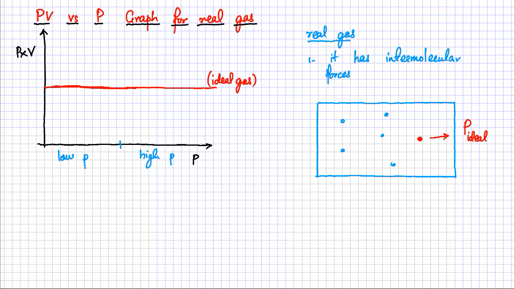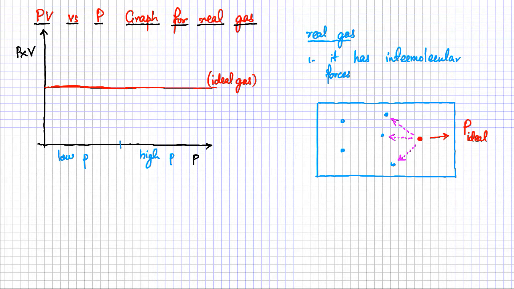Now what happens in reality? In reality, your gas is not ideal. What that means is when this particle is going to hit the wall of the container, these other particles would be attracting it. So this particle would be attracted by these other particles, because it's not an ideal gas. It's a real gas. Real gases have intermolecular forces. They attract each other.